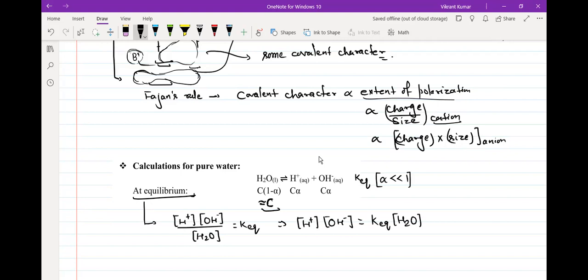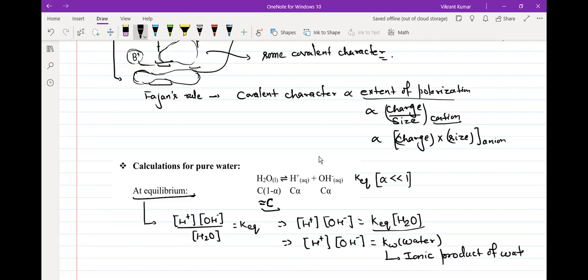Even after achieving the equilibrium. That's why what we do now, we multiply these two terms and we make a new constant, and that is called Kw of water, and its name is ionic product of water. Is it okay? Any doubt?